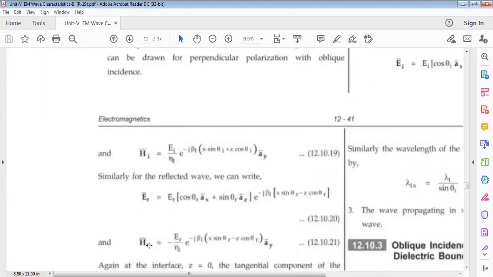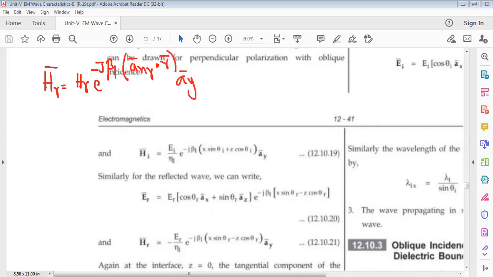Now, first of all, you can find H_r. What is H_r? H_r bar is equal to H_r into e power minus j beta 1 into, because this is in medium 1 only, a_nr bar dot r bar, into a_y bar.